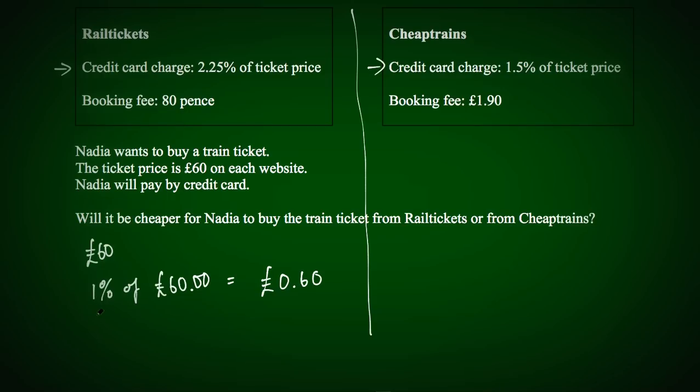So 2% is £1.20, and 0.25%, which is the extra bit I have to work out, that's a quarter of this 60p, so that's 15p.